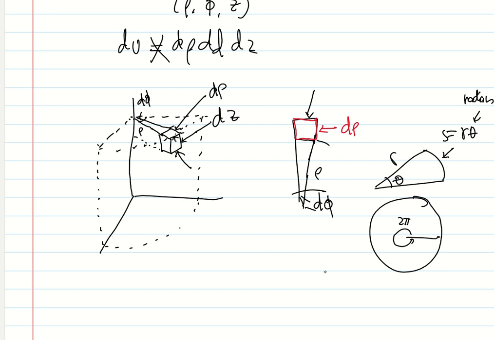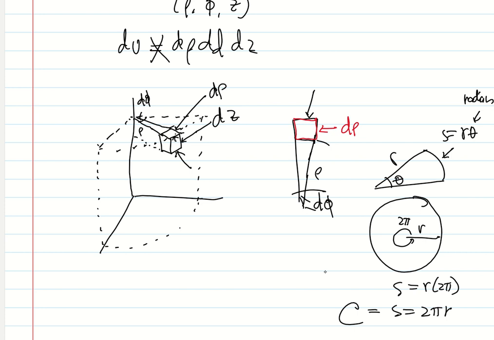Solving for the arc length gives the radius r times the angle 2 pi, so s equals 2 pi r, which is the circumference of a circle, the arc length of one whole revolution. That's how we calculate the arc length.